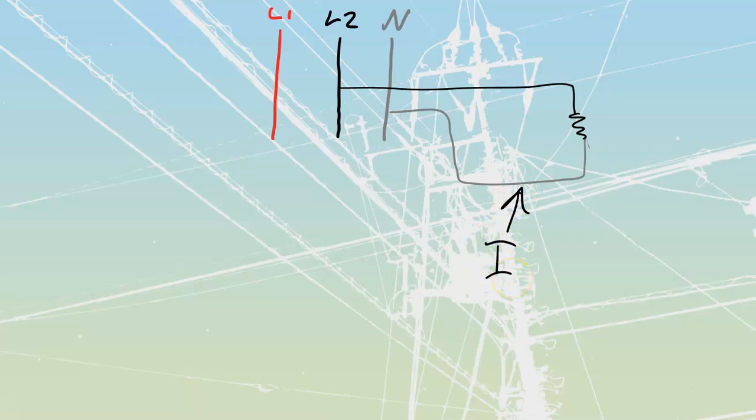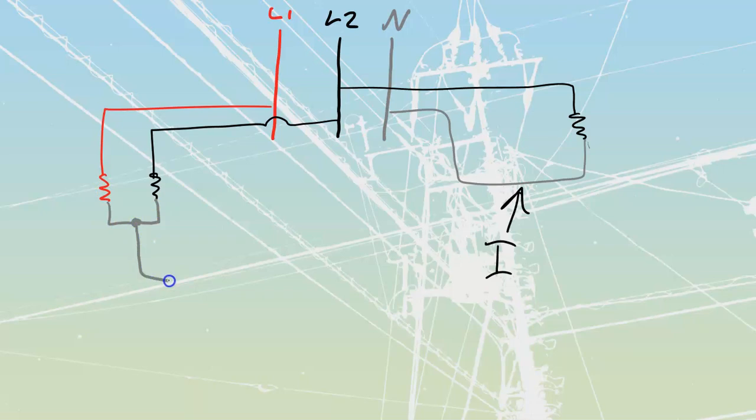If I had both of my lines, so I'm going to have my red, and I'm going to have my black, and then I'm going to have from each of them a single unidentified conductor that's going to come back to a node, and then past that node, I'm going to have what's referred to as my neutral coming back through.